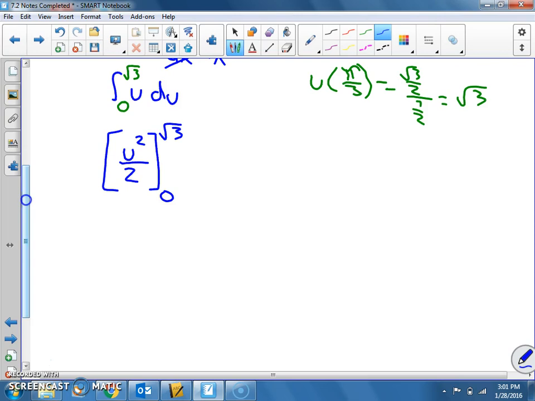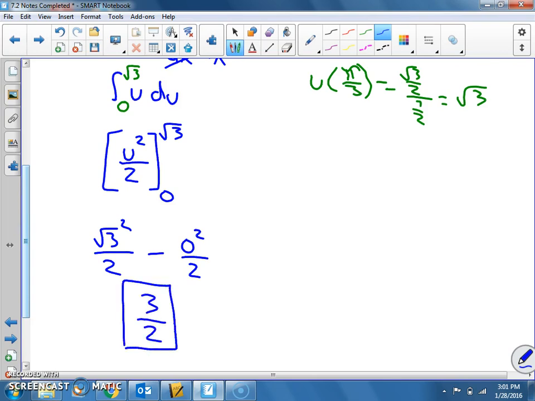So I'm going to take square root of 3 squared over 2, and then minus 0 squared over 2. So I get 3 halves minus 0. No plus c. On definite integrals, the c's would cancel each other out. So my answer is 3 halves. That's it.